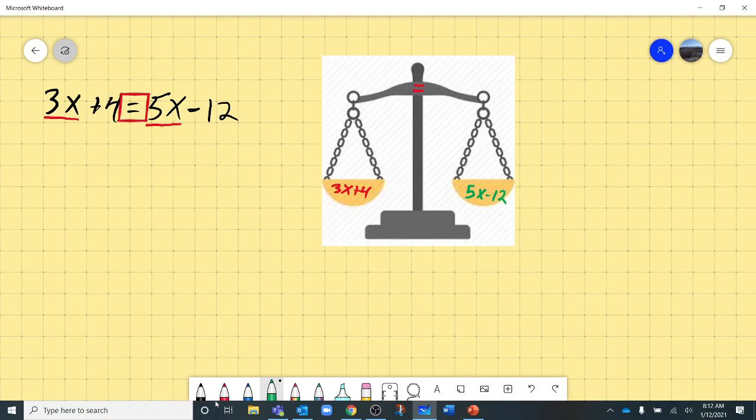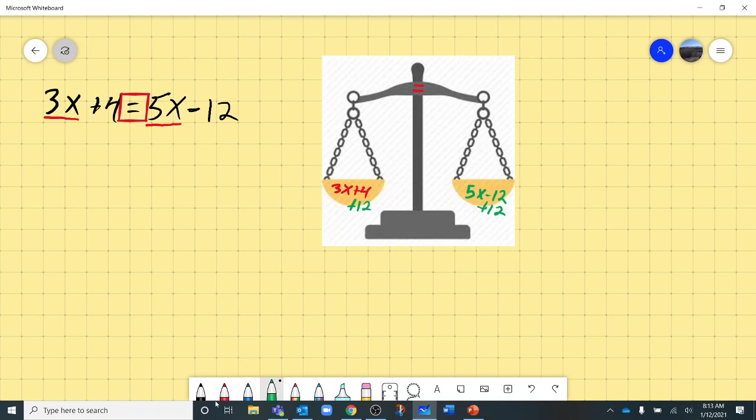So I'm going to add 12. I put in a plus 12, and a minus 12 and a plus 12 is going to cancel out. But if I add 12 of something into here, that's going to throw the scale off balance. It's going to make it tip. I can do that, but I don't want to just do it to one side. I need to do it to the other side as well so that it stays balanced. So I'm also going to add 12 over here.